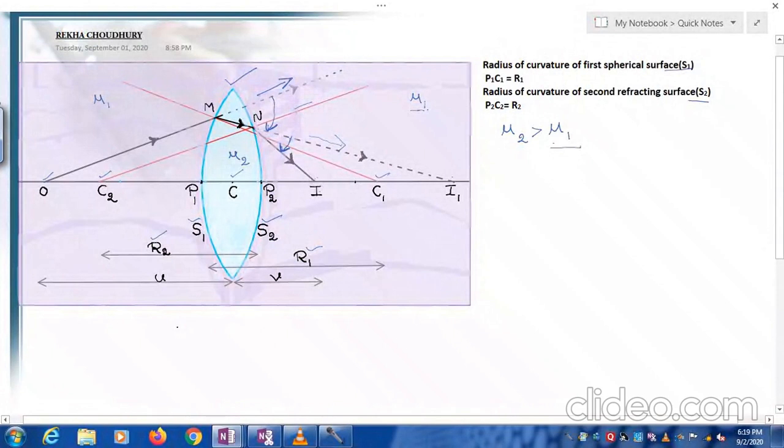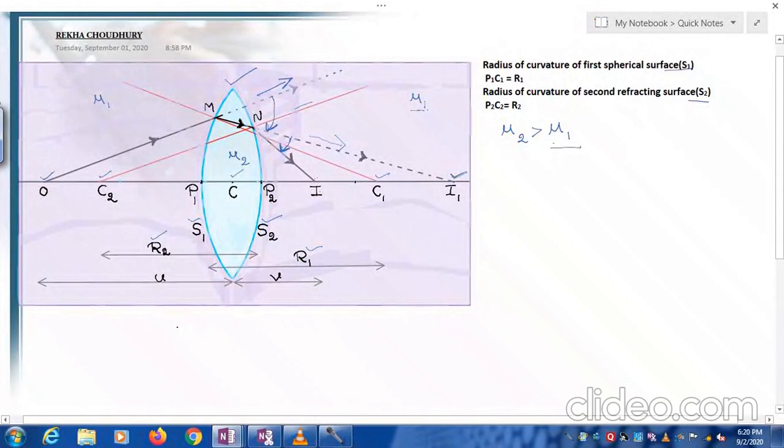See, here O is the object, I1 is the image for the refraction at the point M. It is a virtual point because the ray again bends at this point N, so it has no real existence. But yes, if we draw this ray MN in the forward direction, then it would meet the principal axis at the point I1.